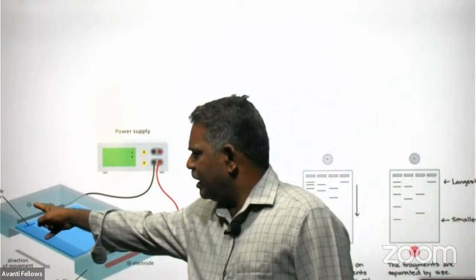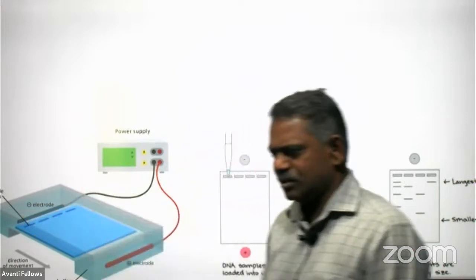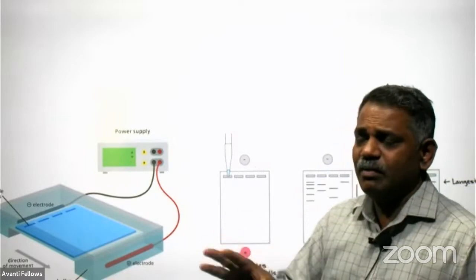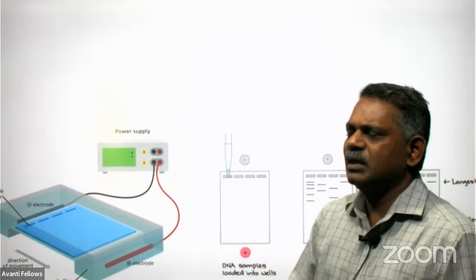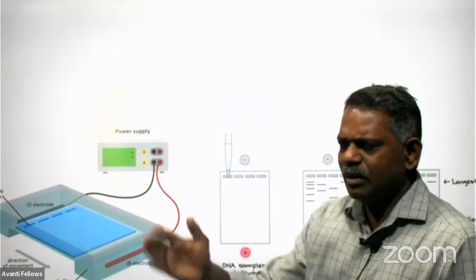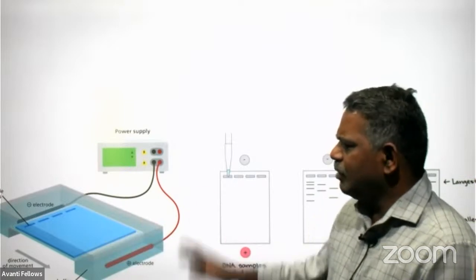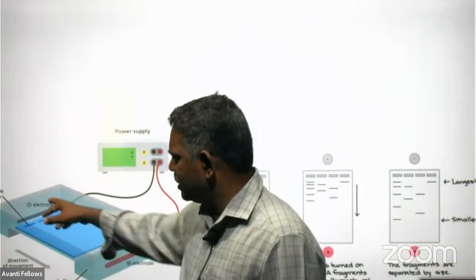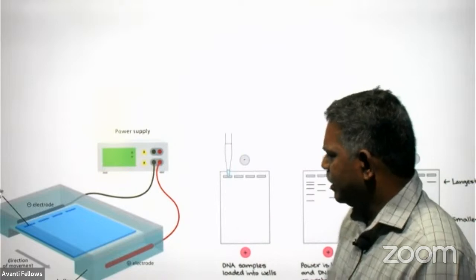And on the negative electrode side, we can find so many sample wells, where we are keeping all the DNA fragments. Some are very lengthy, some are short, because we cut the DNA randomly by using the restriction endonuclease enzyme, and we place all the samples of DNA in the wells present at the negative electrode.